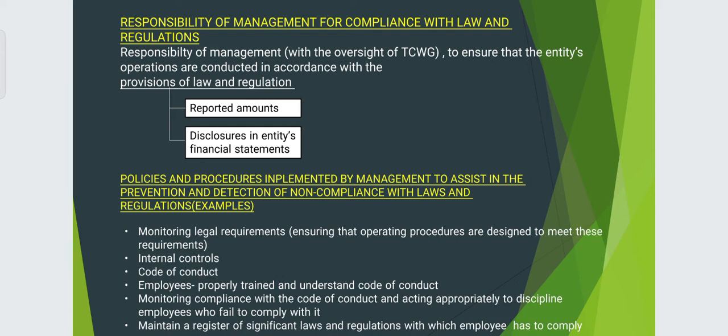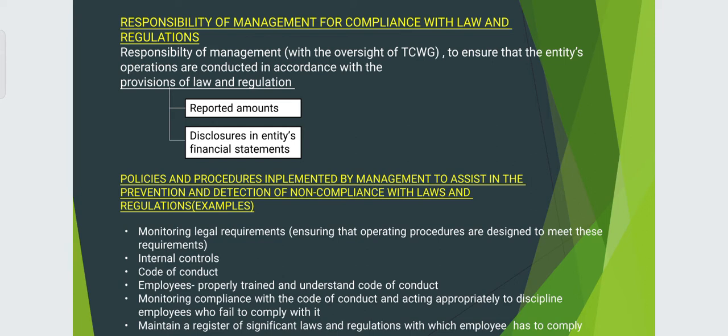The next 3 points are related to code of conduct. So management can develop, publicize and follow the code of conduct, and they can also ensure that the employees are properly trained and understand the code of conduct. And they have to monitor compliance with the code of conduct and act appropriately to discipline the employees who fail to comply with it.